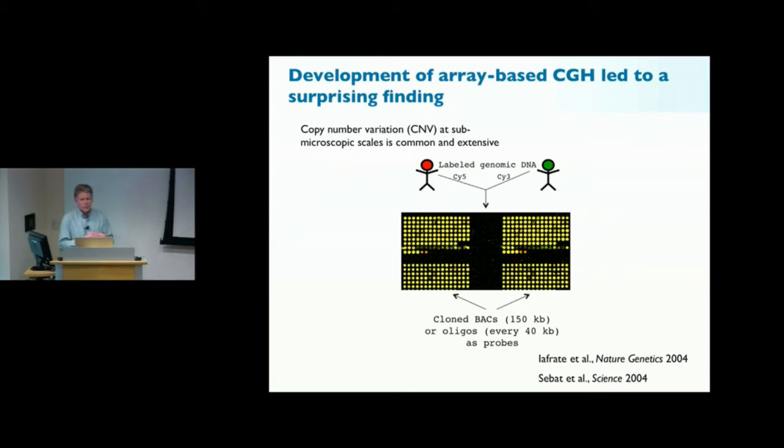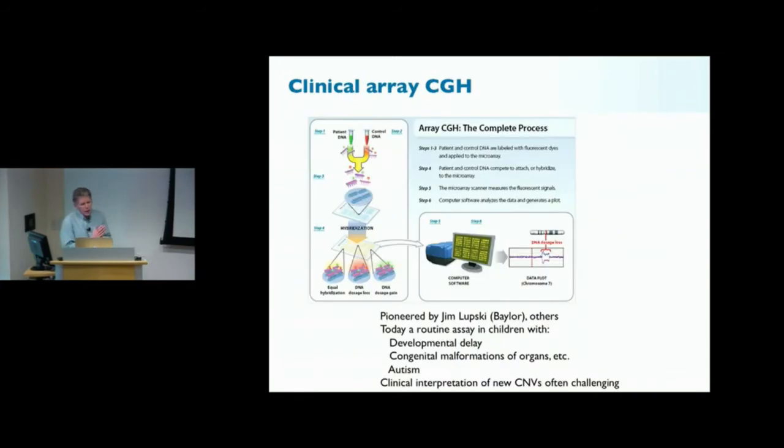There are many segments of the genome and genes where most of us have different numbers of copies. Array CGH, even though it's been around for a while, has for many years been the gold standard for certain assays for copy number variation, especially in the clinic, although it's being replaced more and more today with sequencing-based assays.